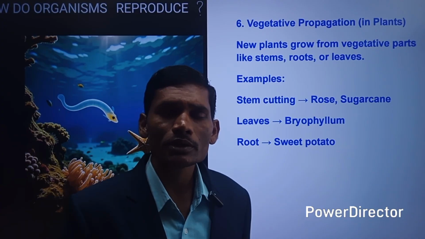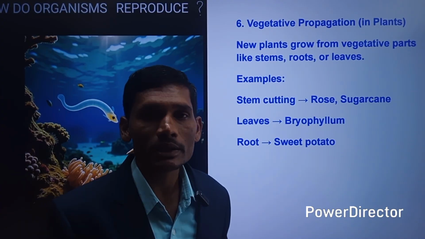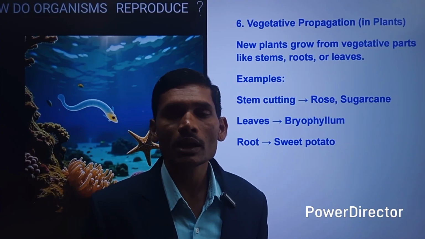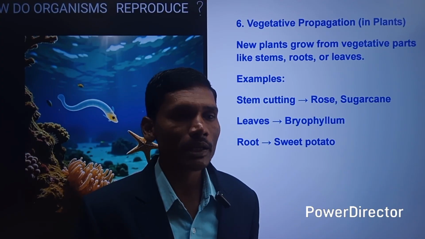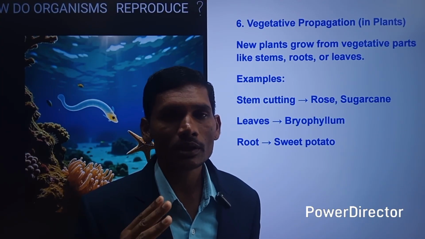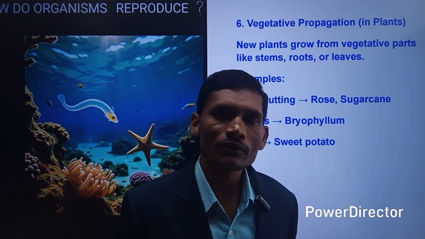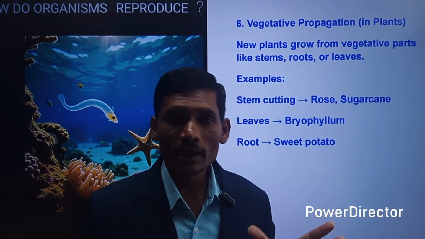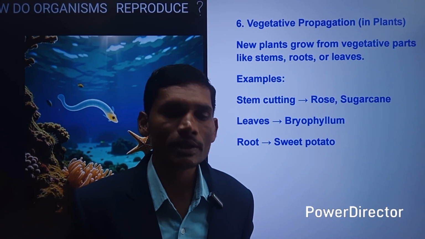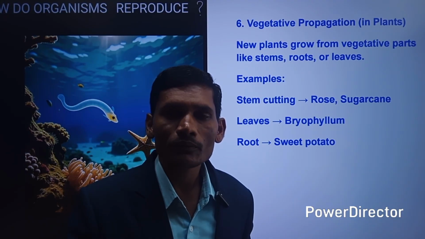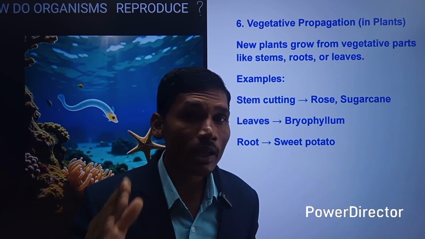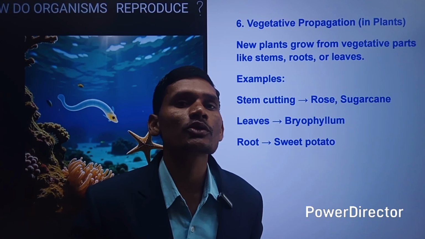This vegetative propagation is very much useful in agriculture. It is very helpful for farmers, because they will do layering or grafting of sugarcane, rose, grapes, even jasmine. Why they use it is that these produce flowers and fruits earlier than those produced by seeds.